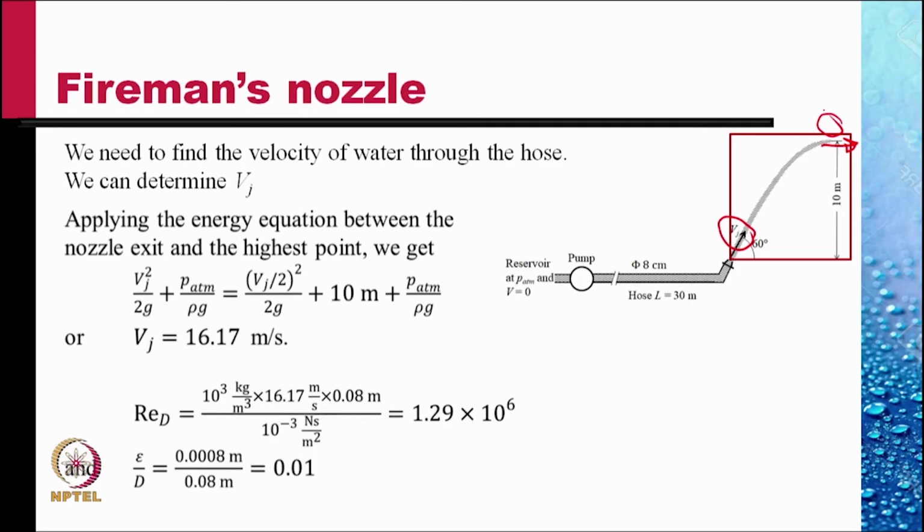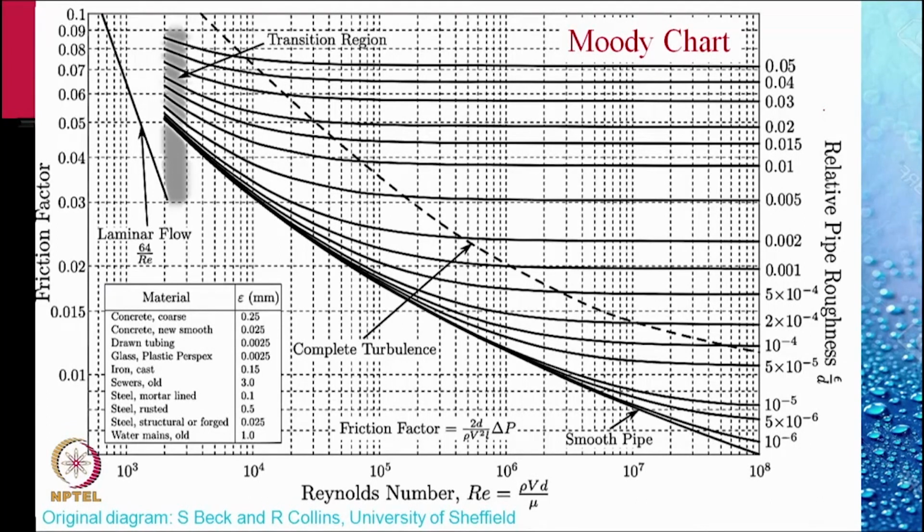So then we can go to the Moody chart, enter at the Reynolds number of 1.29 into 10 to the power 6 and go up to the relative pipe roughness of 0.01 that we determined. And so that is the point that we reach.